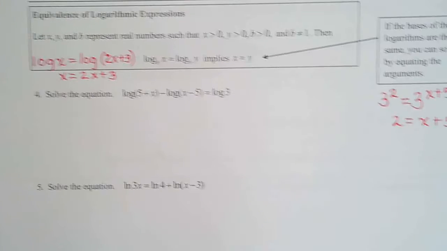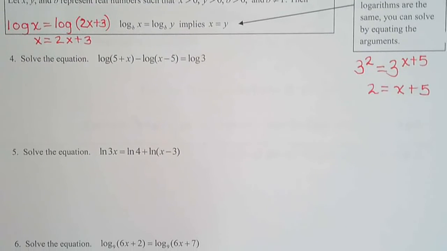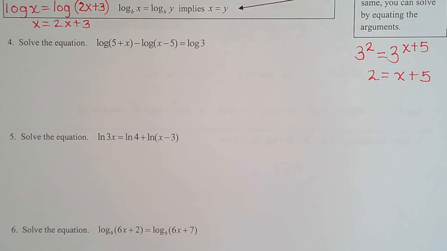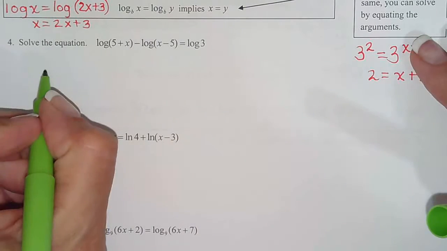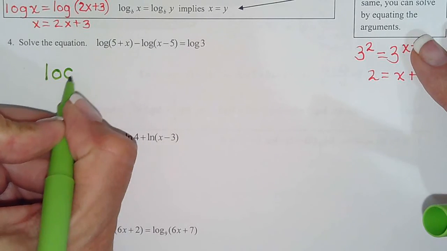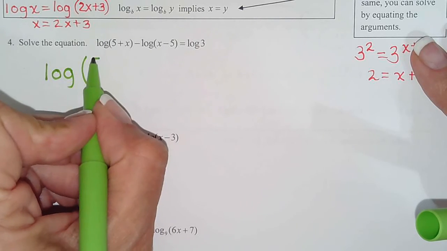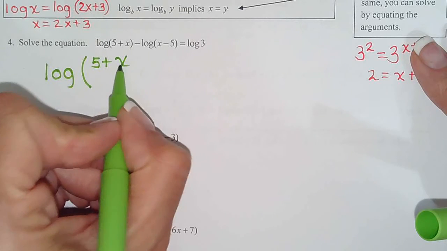Okay, so write as a single log first. Since that's subtraction, we learned that subtraction goes into a single log of division. So the positive log, its argument goes in the numerator.